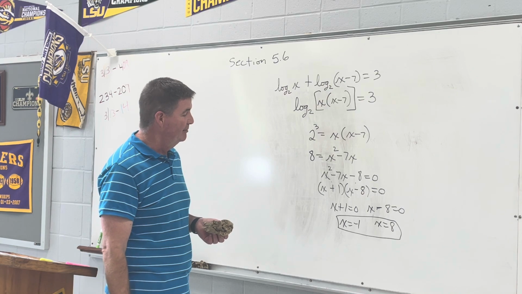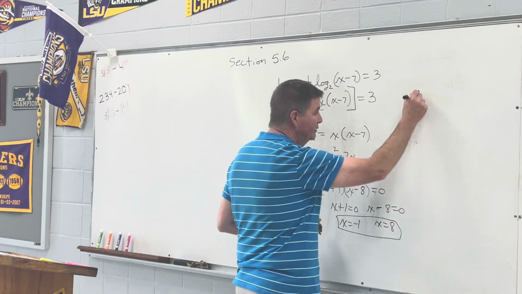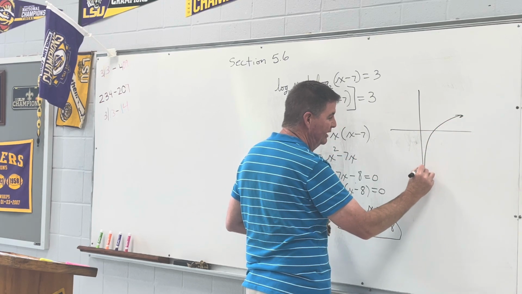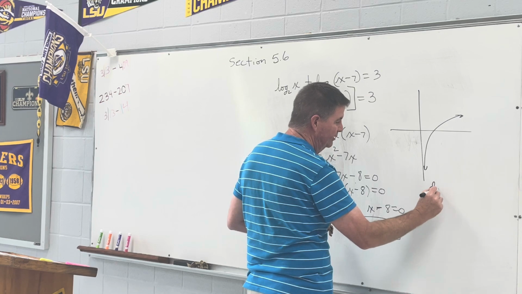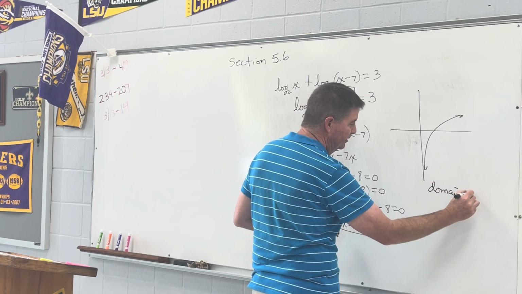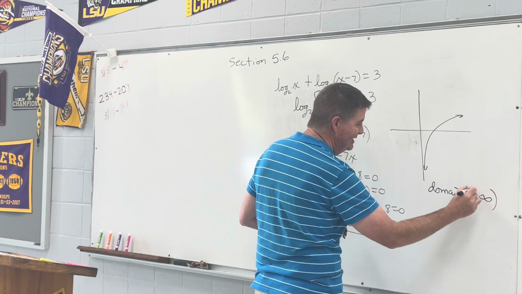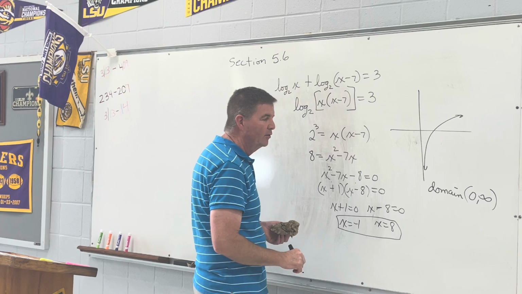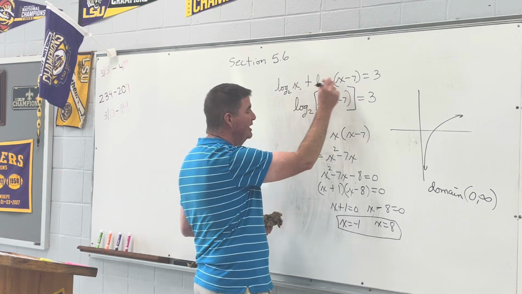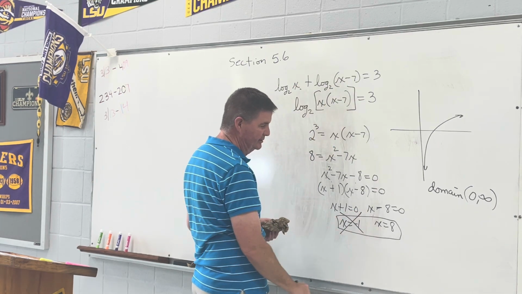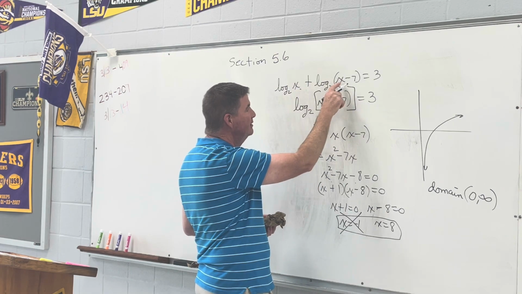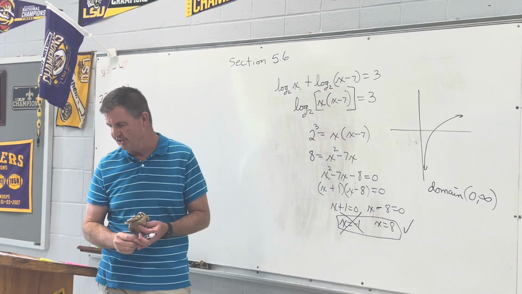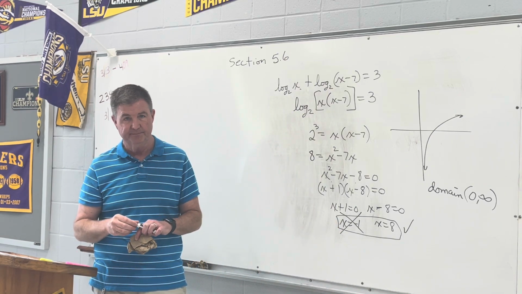And if we remember what the log equation looks like, the domain of a log equation is from 0 to infinity, not including 0. The domain can never include 0 or negative numbers. So if we have a negative domain, that number's out. 8, on the other hand, is good here, and good here. So 8 is the number that we would use. And that checks off for that particular problem.